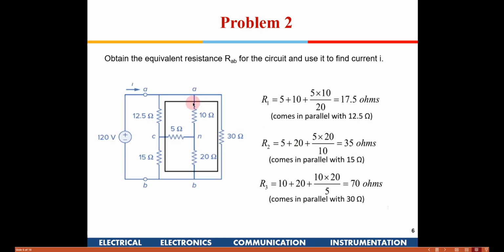What is shown in the black box are the three resistances connected in star, which we are now going to convert into delta. What is the resistance value that needs to be put between A and C? Since you have 5 here and 10 here, when converting into delta it will be 5 plus 10 plus 5 into 10 by 20.